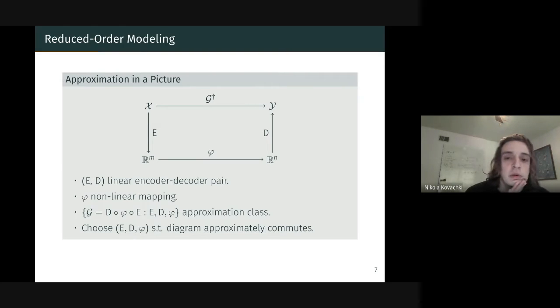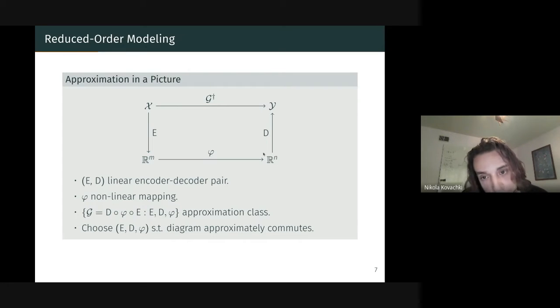So we have this operator G dagger, and to approximate it, we're going to try and make this diagram that I'm showing here commute approximately. In particular, we're going to find some encoder-decoder pair which takes functions and maps them onto some finite dimensional space, R^m. Then there will be some nonlinear map which maps this vector to another vector in R^n.